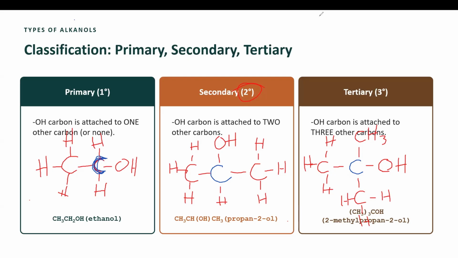Because it is bonded to 3 other carbons directly, remember, I am saying directly. Please take notes. I didn't say you should count the number of carbons in the alkanol. The only carbons you are counting are the ones that are directly linked to the alpha carbon.